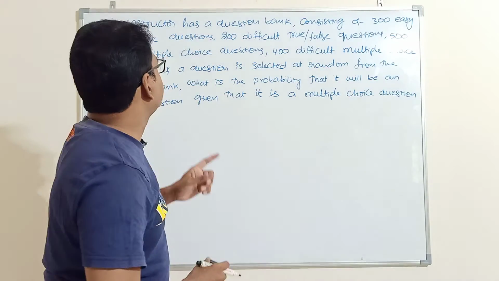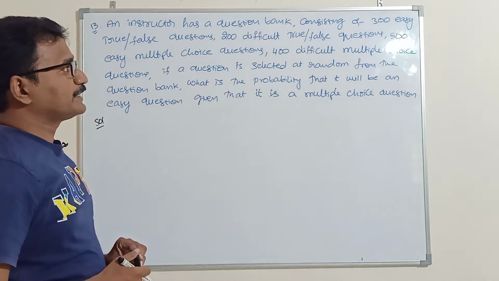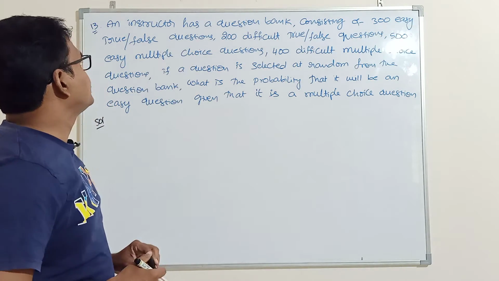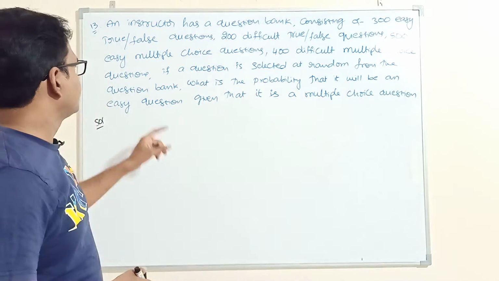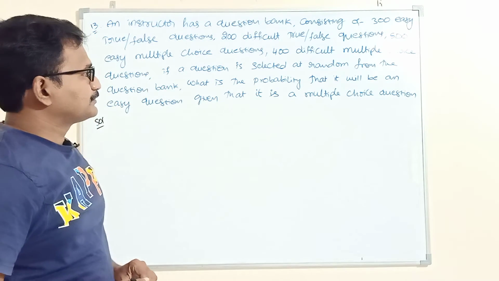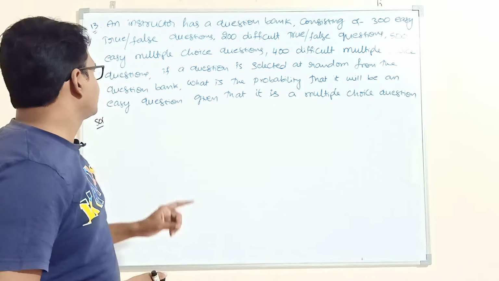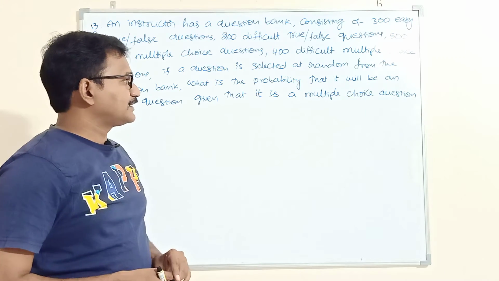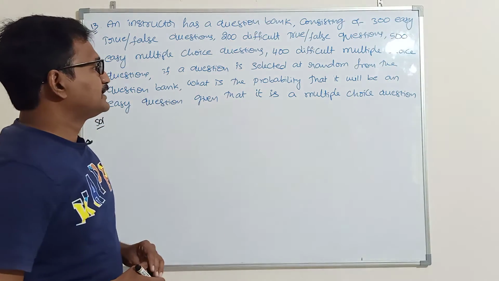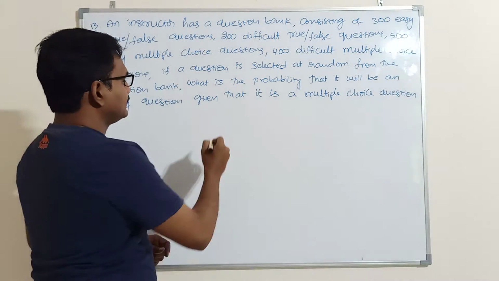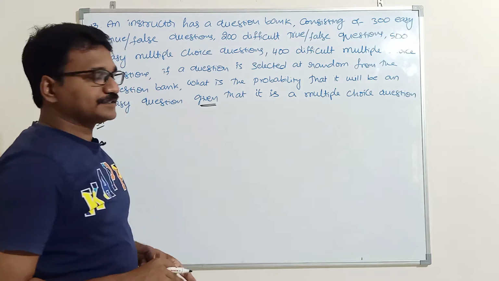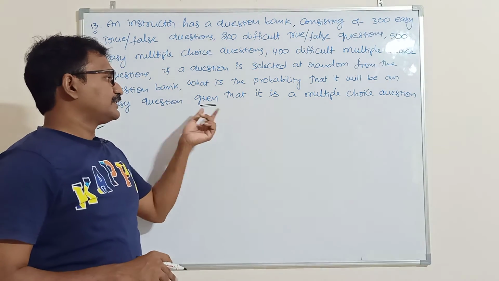Next, question number 13. An instructor has a question bank consisting of 300 easy true or false questions, 200 difficult true or false questions, 500 easy multiple choice questions, and 400 difficult multiple choice questions. If a question is selected at random from the question bank, what is the probability that it will be an easy question, given... This is the important keyword in conditional probability.